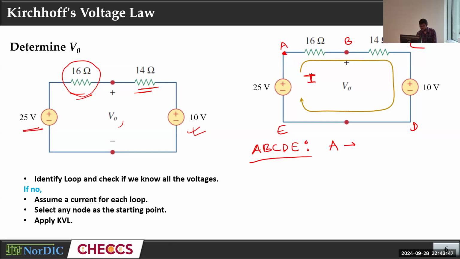If we start at A with a clockwise current, we'll always follow this path, not the other way around. Then if we follow the current, we will first see the resistor. The current is entering the resistor, so will the voltage of the resistor be positive or negative?